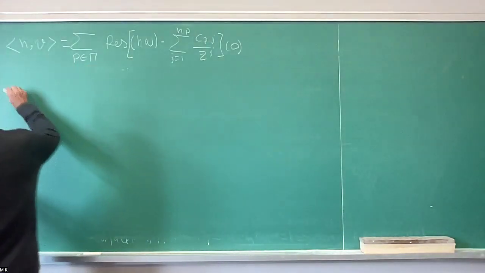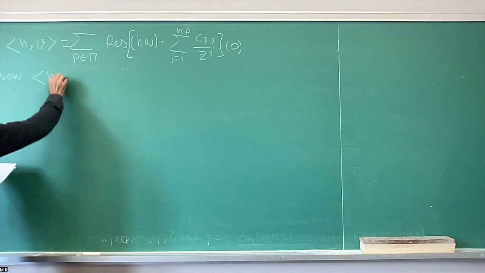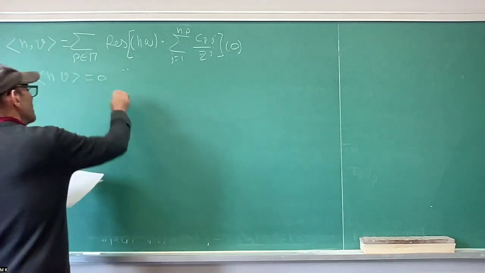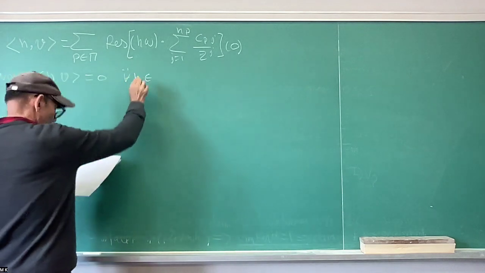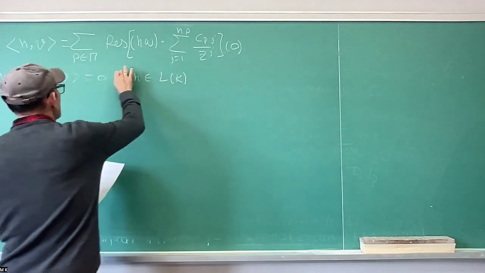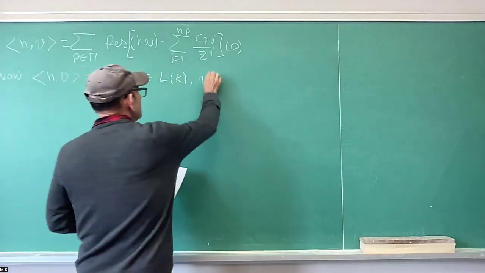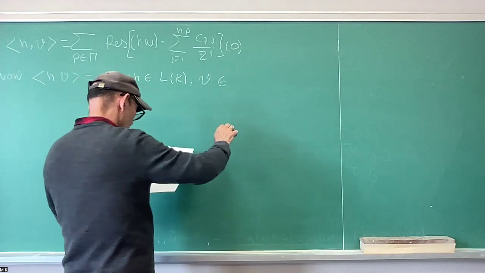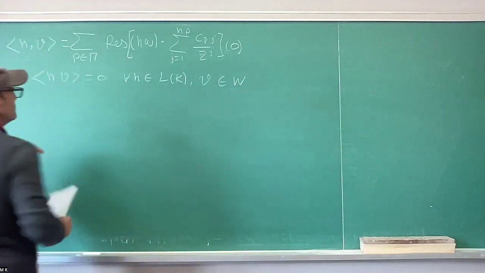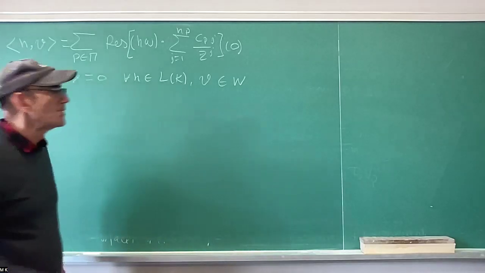Now, the pairing between h and v is equal to 0 for all h belonging to L(K) and v belonging to W. Can you tell me why this is the case by any chance?